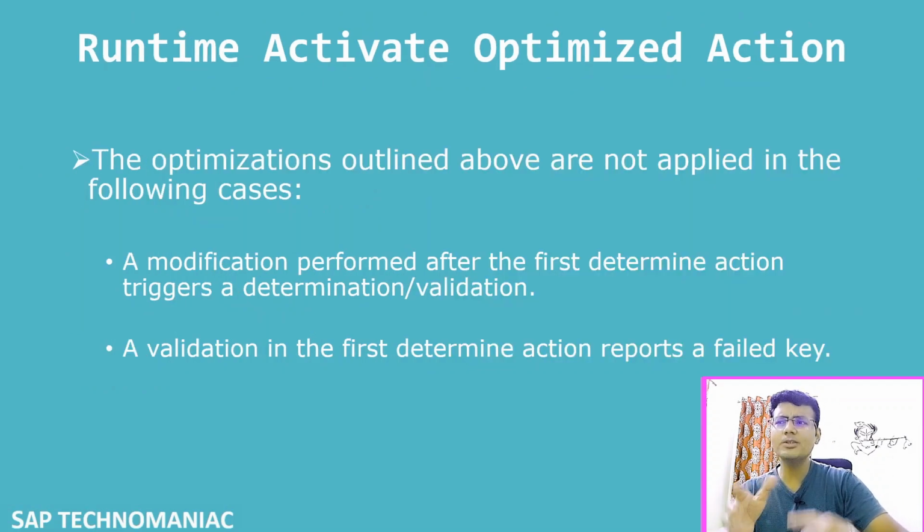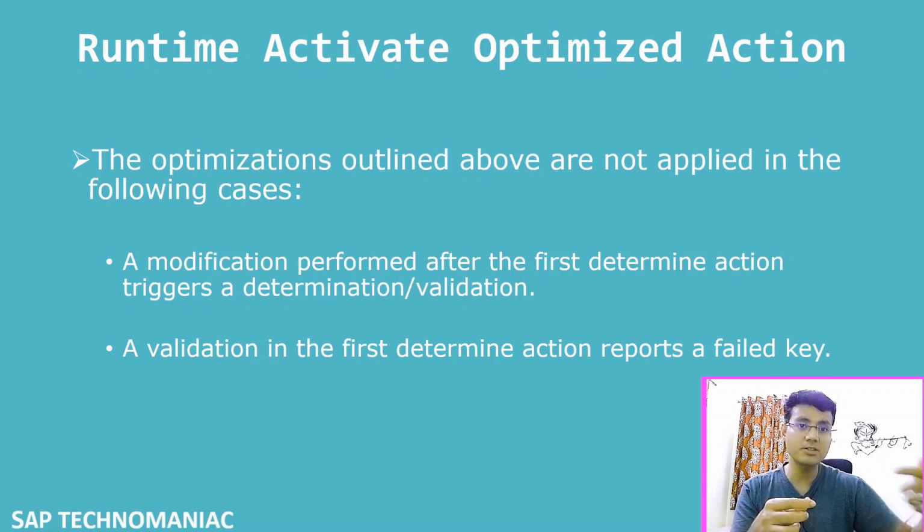There are some things we have to make sure of. If during the validation you got some error and then you modified and called again, this optimization will not work. And second, if after the first determinations you modified your data again, this optimization will also not work, and those determinations and validations will be called again for the active instance as well.